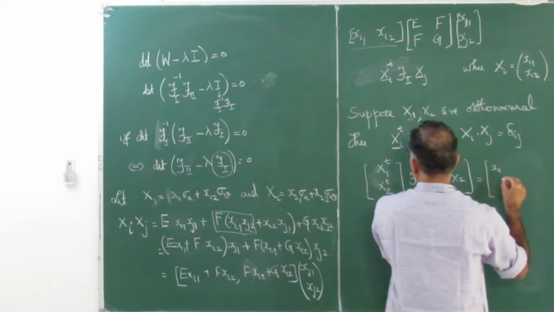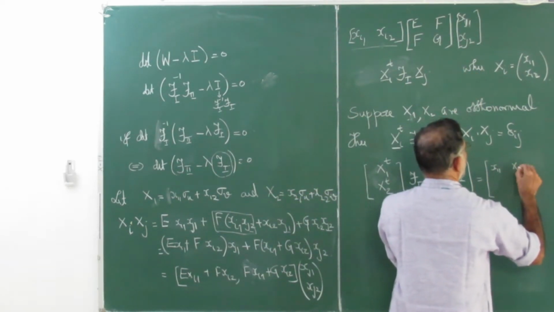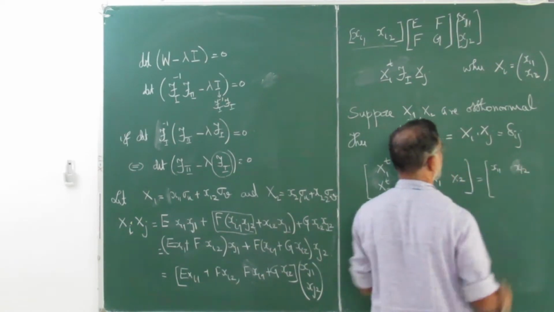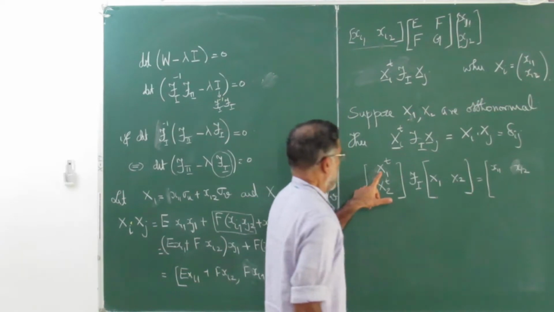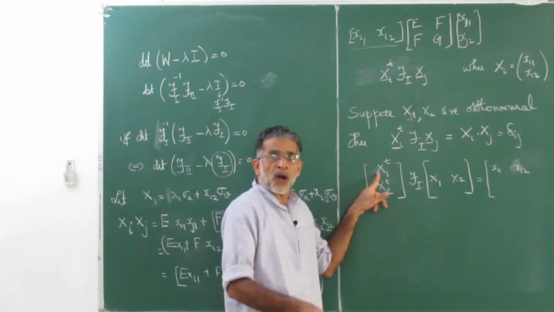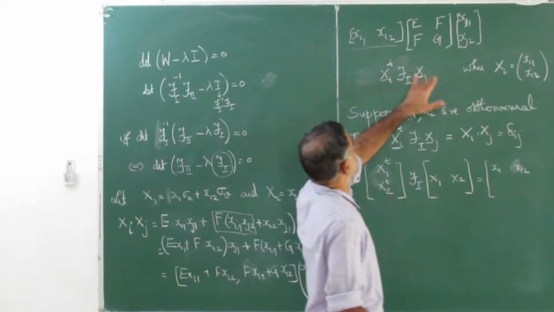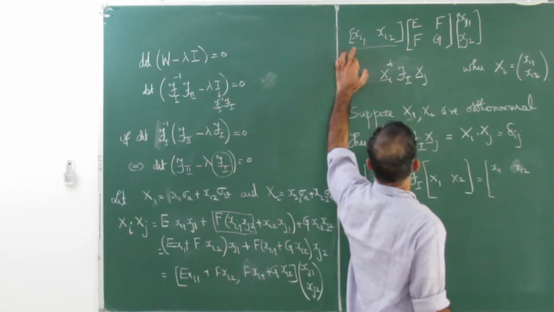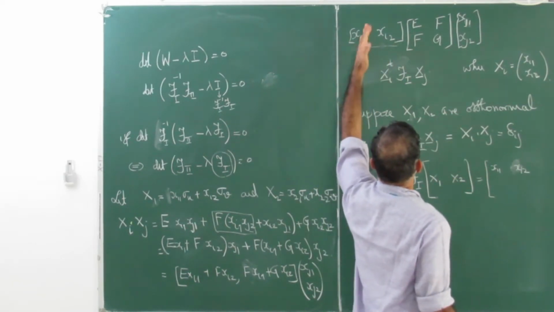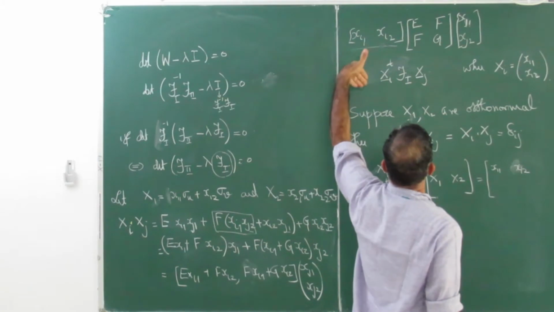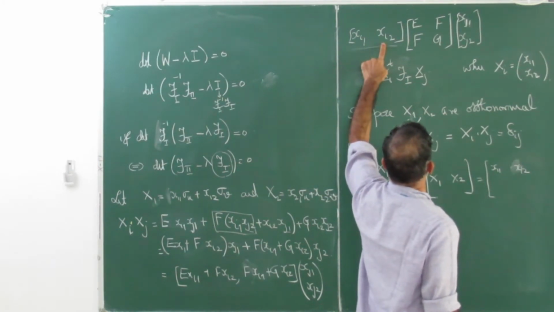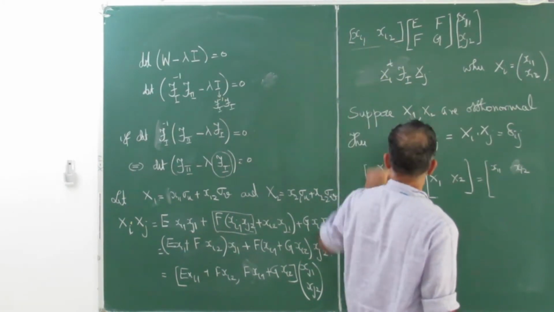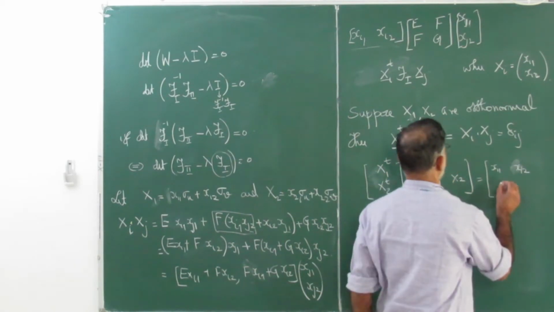Okay, so x11, x12, and you can imagine that generally vectors are written as columns. So we are now writing this in a row. Any vector should have been written as a column vector, but this is written as a row vector. So that's why the transpose comes.